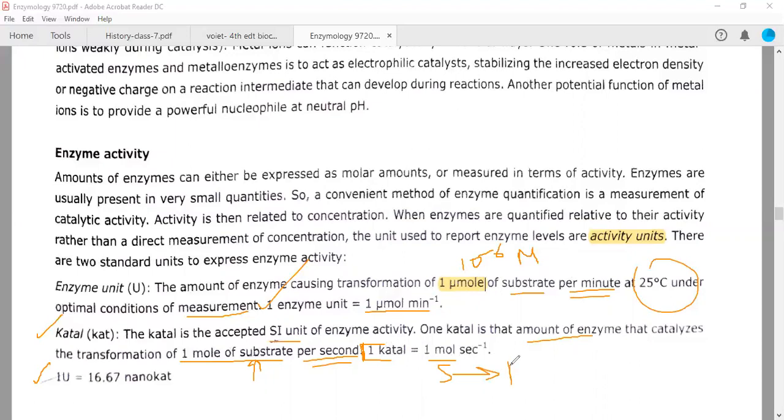So this much of reaction can be shown by 1 katal of enzyme. So if someone asks you which is the big unit, obviously katal is a big unit, enzyme unit is a very small unit when compared to this, and the relation between the 2 units, 1 unit is only the nano katal. Nano is 10 to power minus 9. So this is a very small unit when compared to a katal.